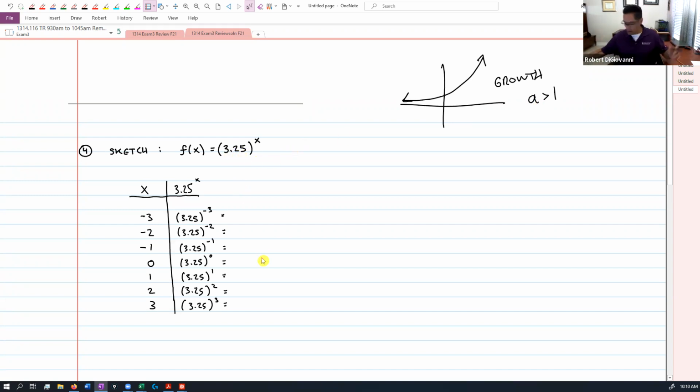So calculator. Okay, so let me put these in here. 3.25 raised to the -3. So I'm getting about 0.0291. I get about 0.0946.